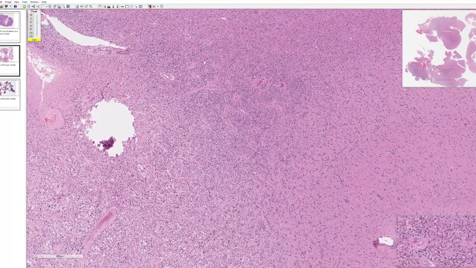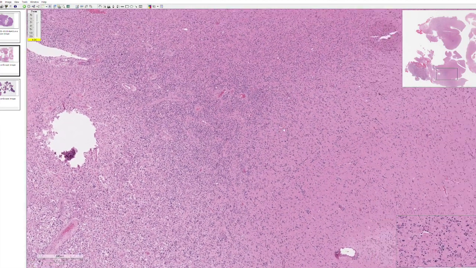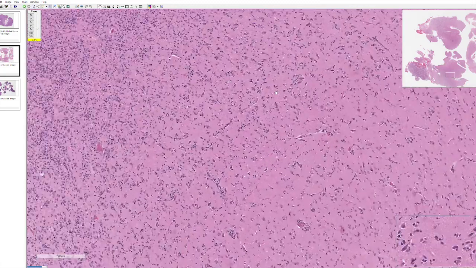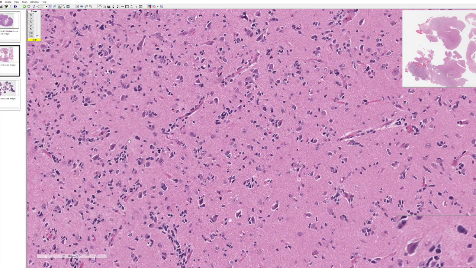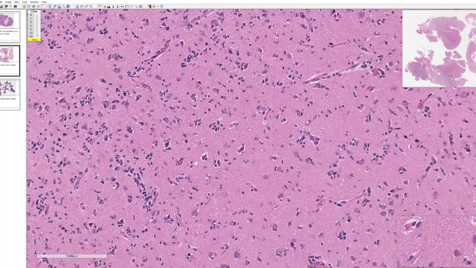You can see here we have an area of hypercellularity, but as you move away and zoom in, you see that these dark nuclei, which are the cancer cells, are infiltrating through the normal brain structures surrounding things like neurons and blood vessels, making it very, very difficult to safely remove all the cancer cells without compromising many important brain functions like our personality, our speech, and our coordination.